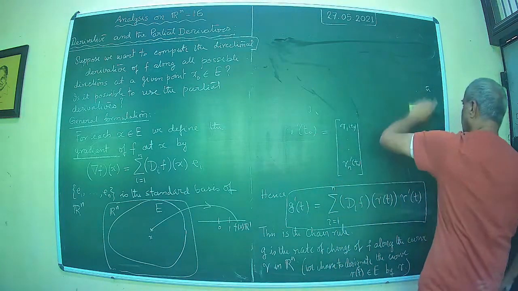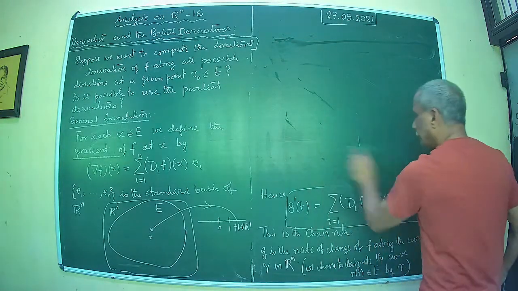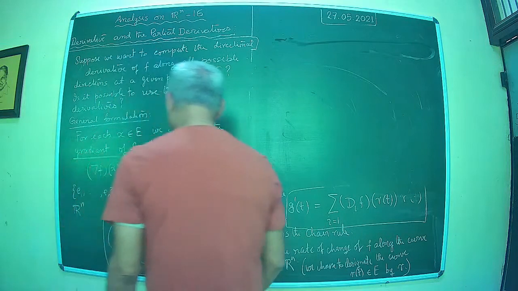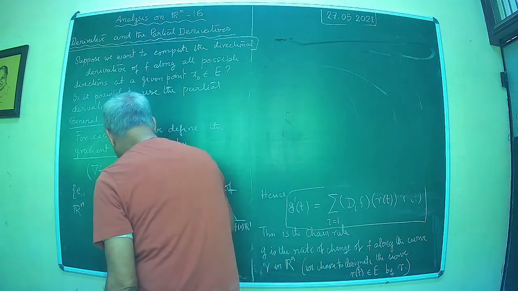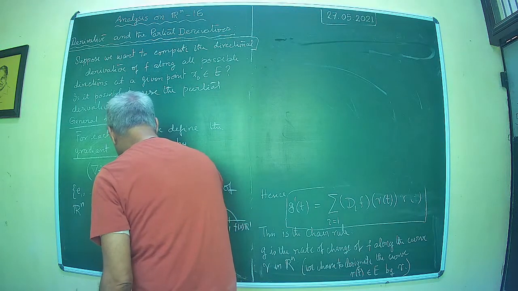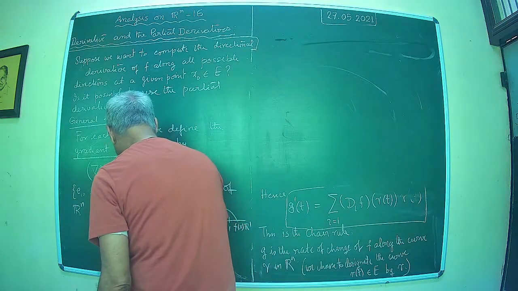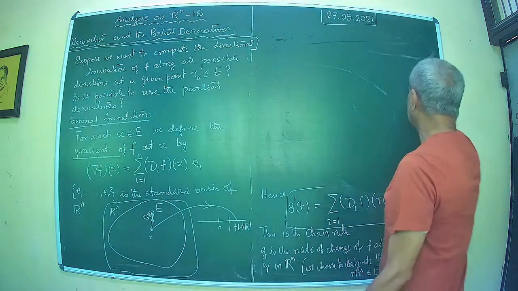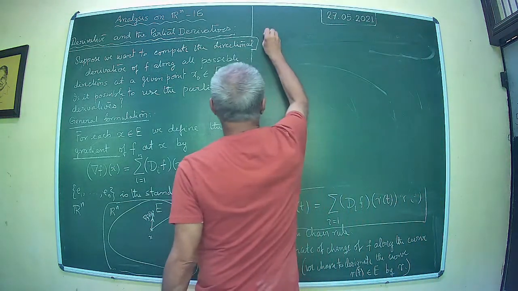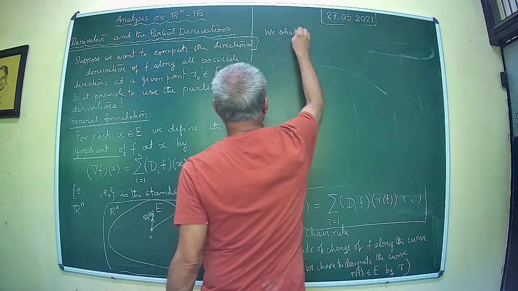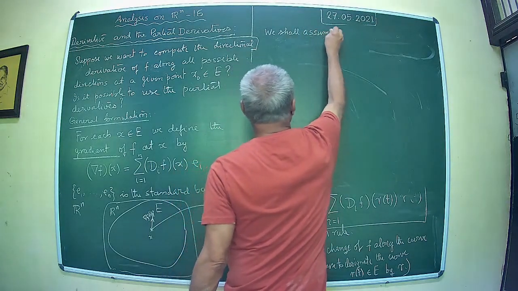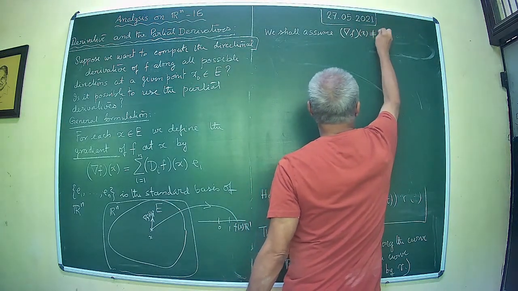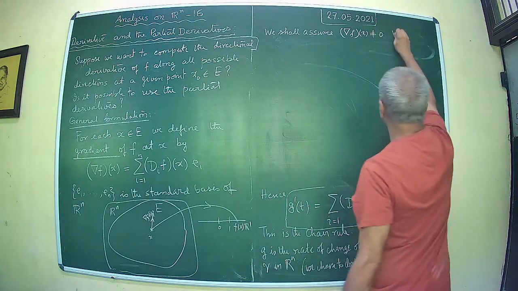Now you observe that the grad f you have defined defines a vector. We shall assume it is not equal to 0.